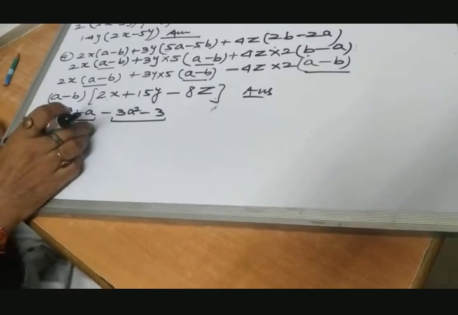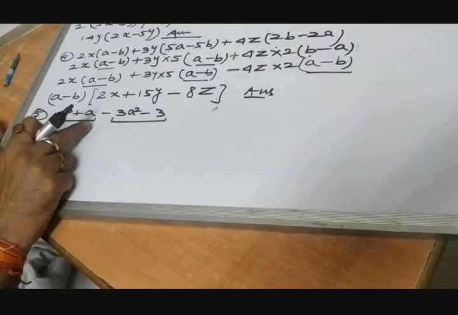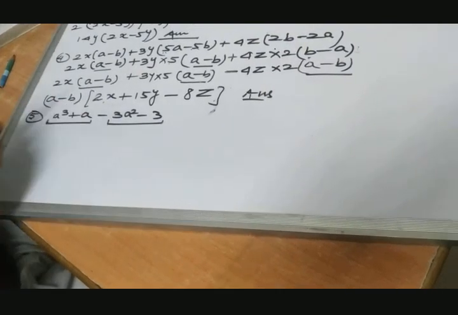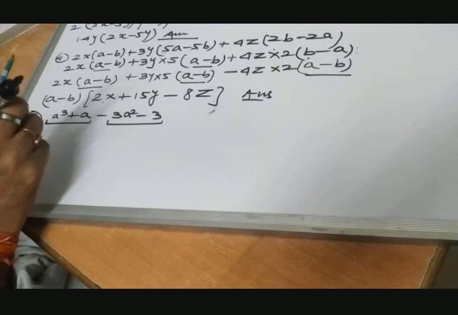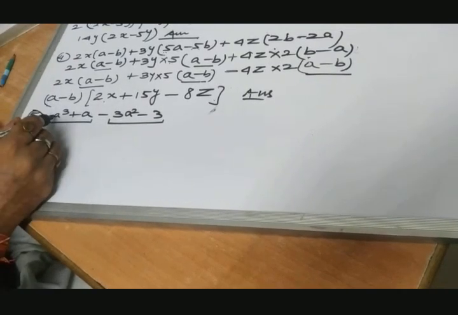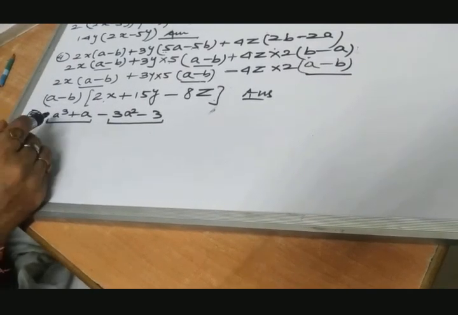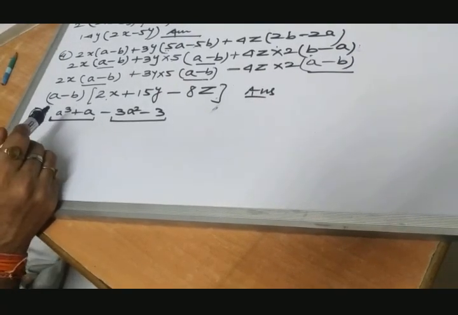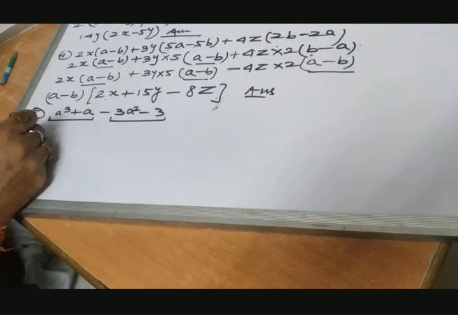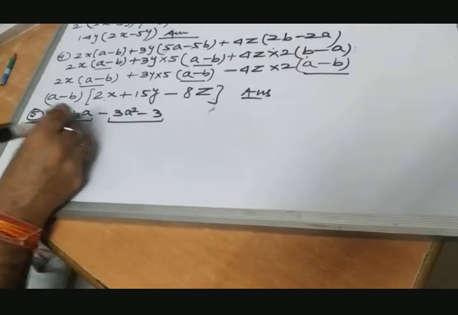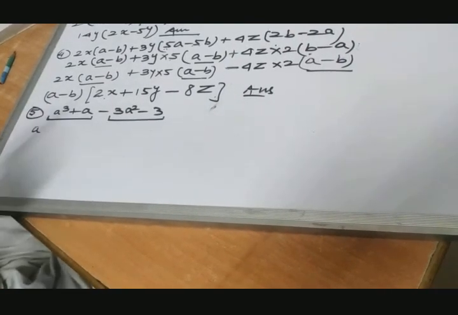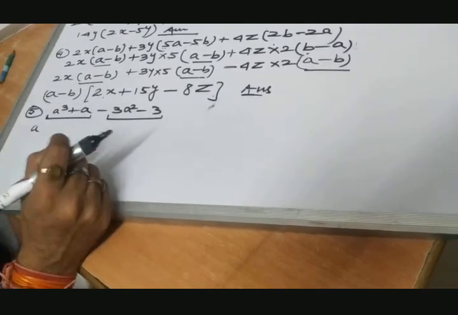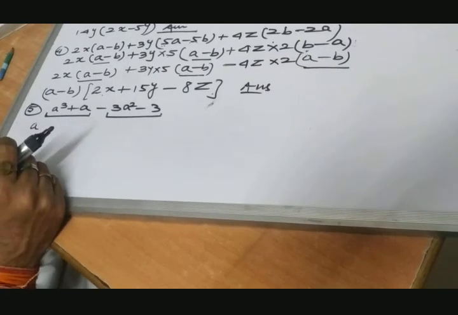First of all, we have to solve first group, first two terms. First group contains a cube and a. This term also contains a, this term also contains a. So we have to take a as the common because both terms contain a. लेकिन हम कॉमन लेते समय पावर देखेंगे तो लेस नंबर पावर जो होती है, जो कम पावर होती है, उस टर्म को हम कॉमन लेते हैं.